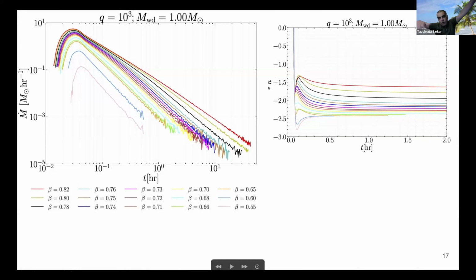This asymptotic value can go from minus 1.5 to minus 2.5, which implies that, very roughly speaking, if the asymptotic behavior of the fallback rate, which is an observable, is not minus 5/3, then probably it is being disrupted by an intermediate mass black hole. So what we propose is that this might actually be one particular smoking gun signature for an intermediate mass black hole.